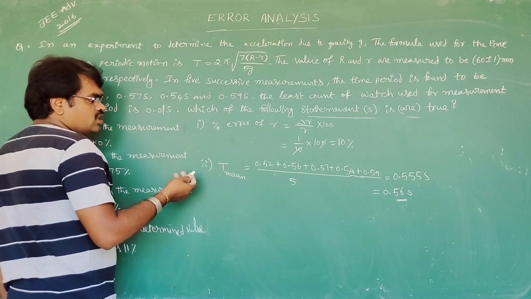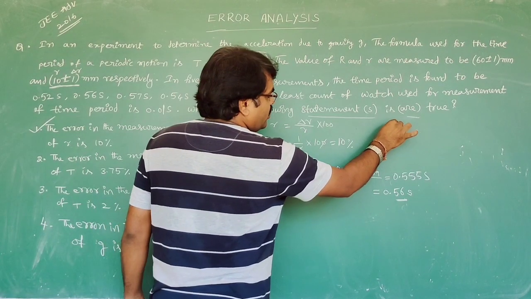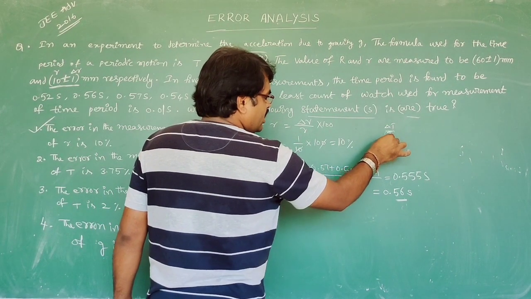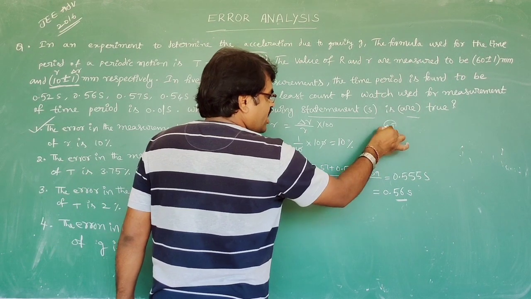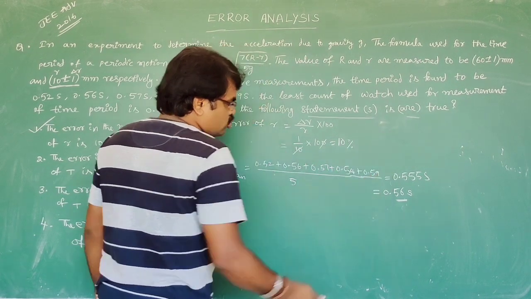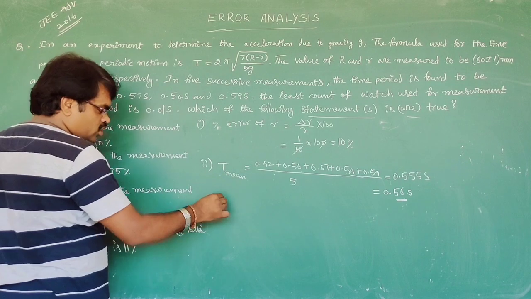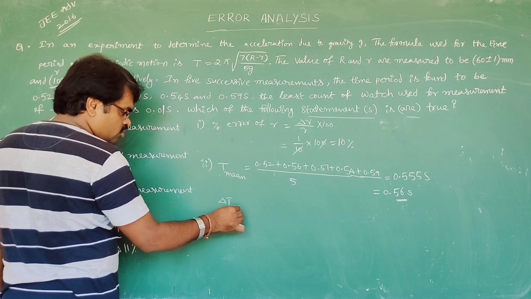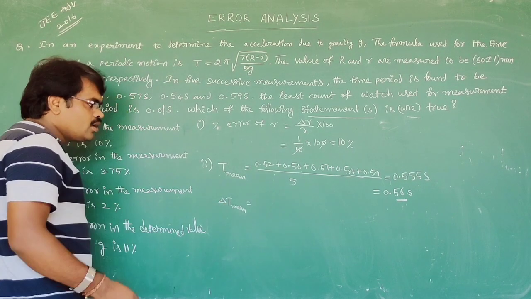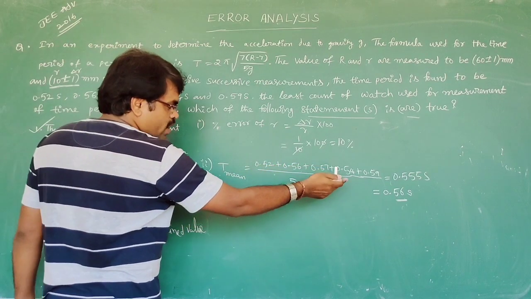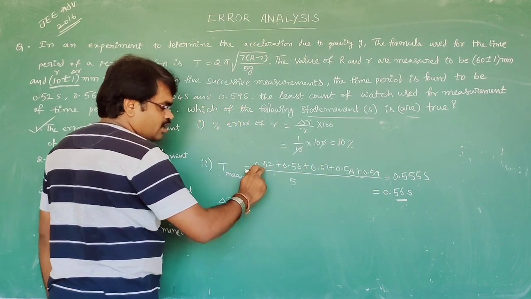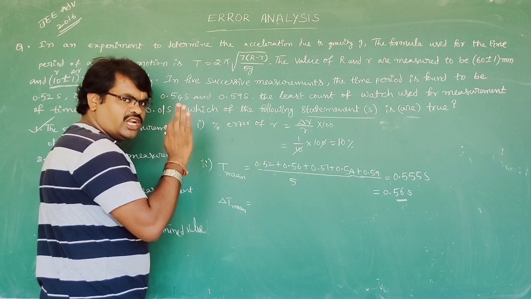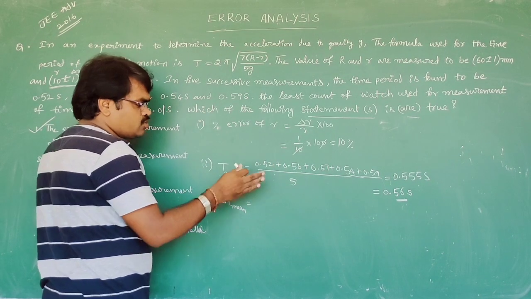Now we want the error in the measurement of T, that is, delta T by T. We are finding the T value, but delta T is the mean absolute error. The mean absolute error is the true value minus the observed value, always taking the absolute value, so plus.